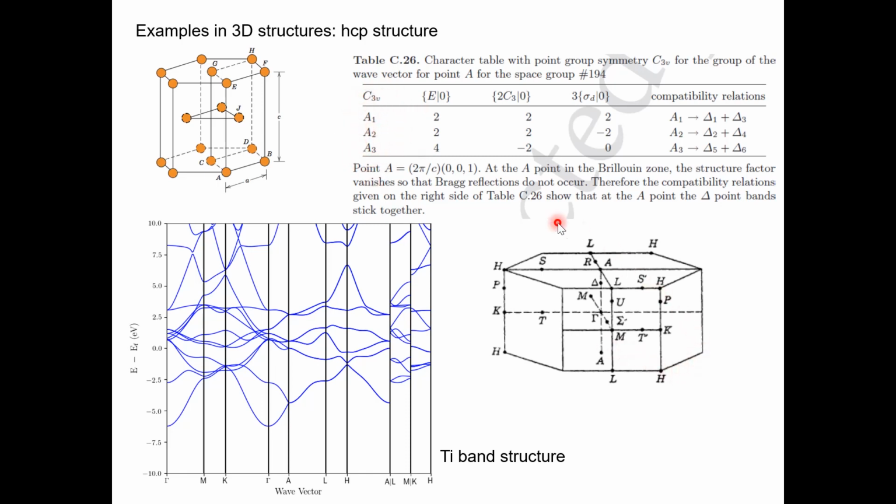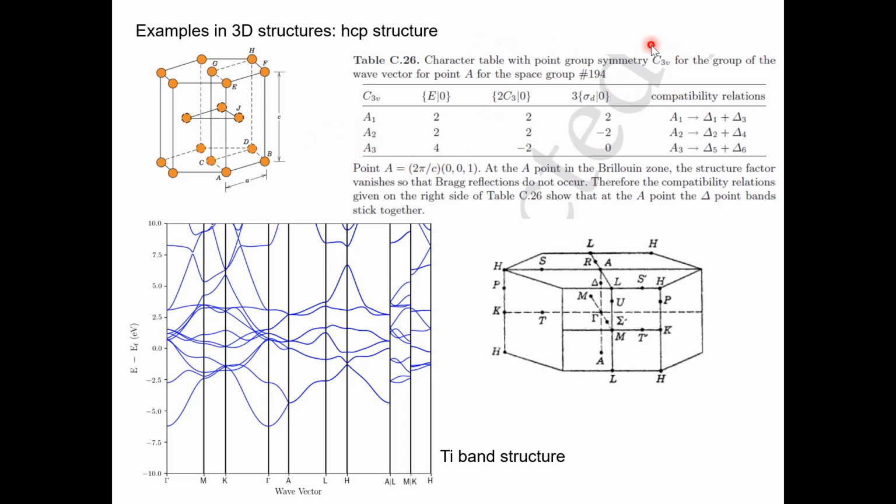So this is the first Brillouin zone of the HCP structure. This is the gamma point, and the A point is right in the middle of this hexagonal face. The A point is along kz, right? It's 2 pi over c times (0,0,1). c is this lattice constant here. So in some way, there's an analogy between this case and the case we have considered before. Okay.